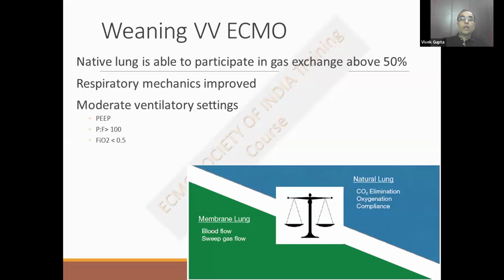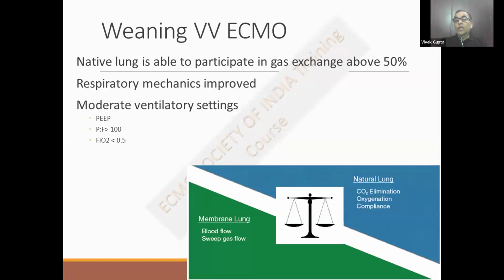When you look at other respiratory mechanics like lung compliance and airway resistance, those also start showing improvement, on a moderate ventilatory setting, with a moderate PEEP and a FiO2 of less than 0.5. Because we have to remember that the membrane lung is doing the same job as the natural lung.